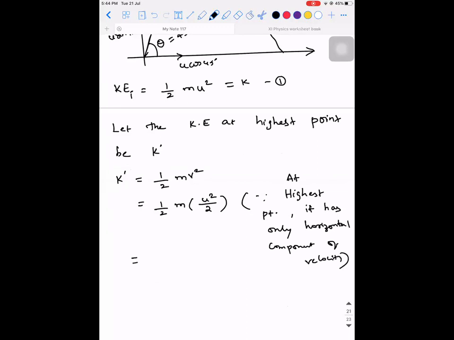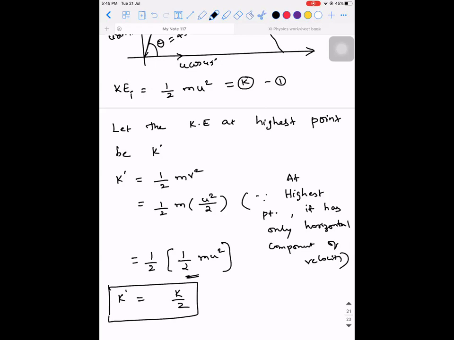So half into m into u square over 2, I'll take 1 by 2 outside. It is half into half m u square. But what is the value of half m u square? It is capital K. So this will be equal to K divided by 2. So what is the value of K dash? The kinetic energy at the highest point will be half of its initial value. Are you able to understand this? Yes, sir. Yes.